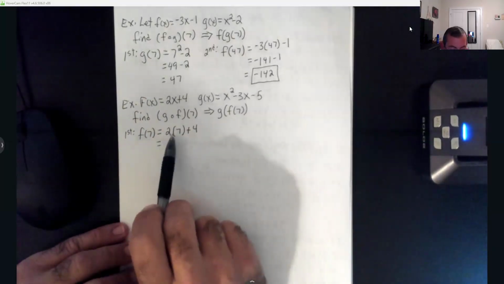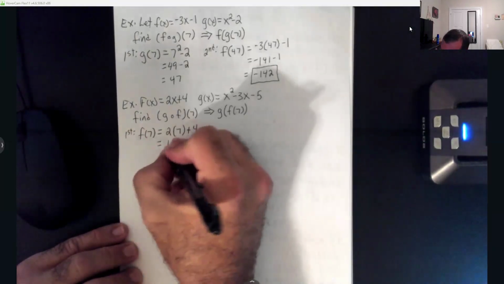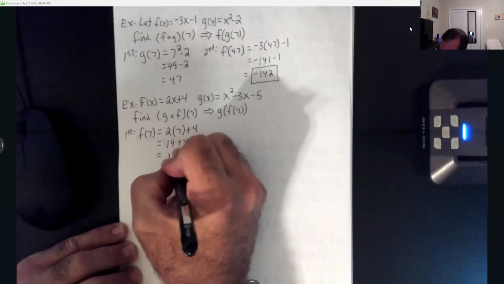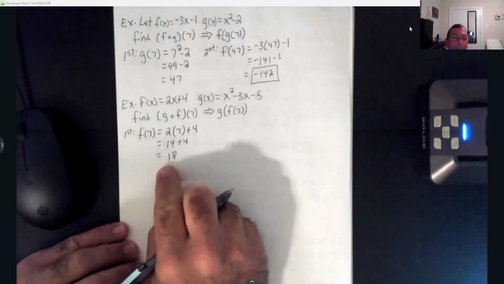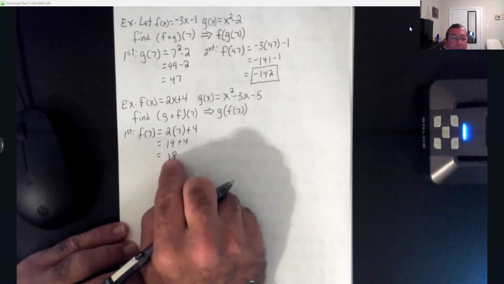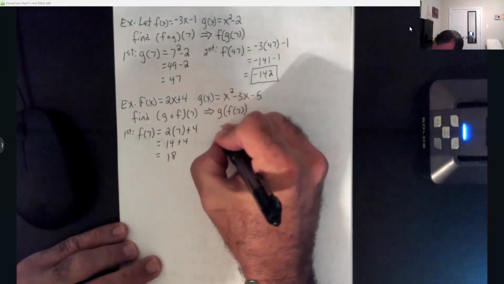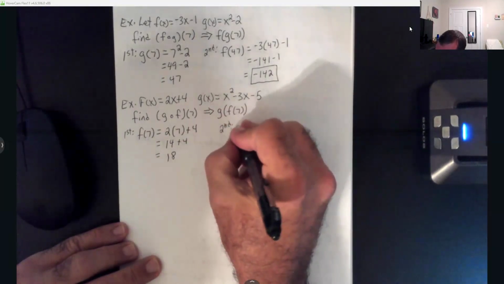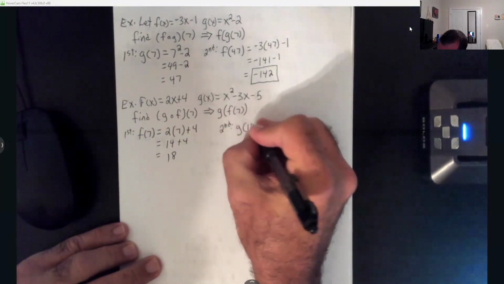All right, y'all, so let's see. 2 times 7, that'll give me a 14 plus 4, which gives me 18. So since f of 7 is 18, that means I now got to find g of the 18.